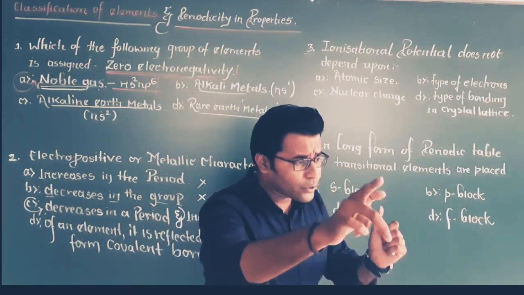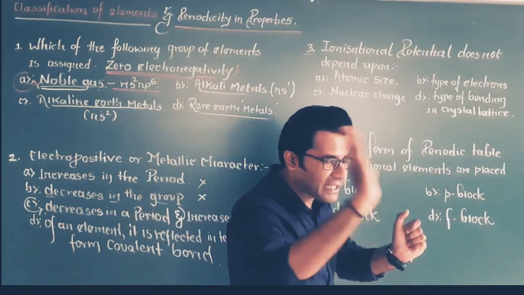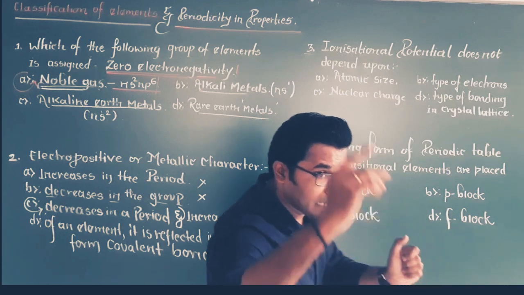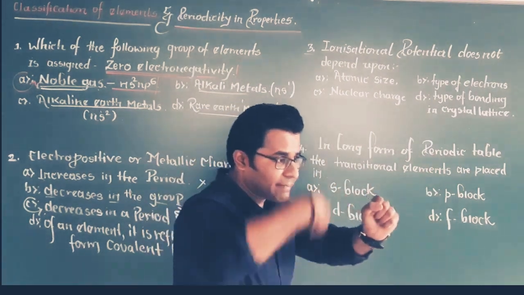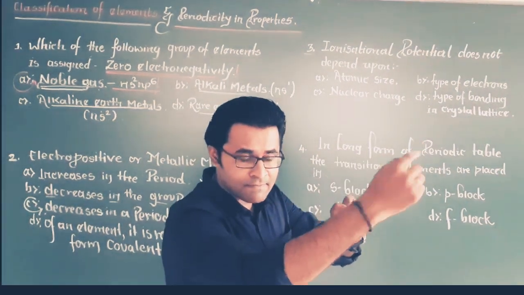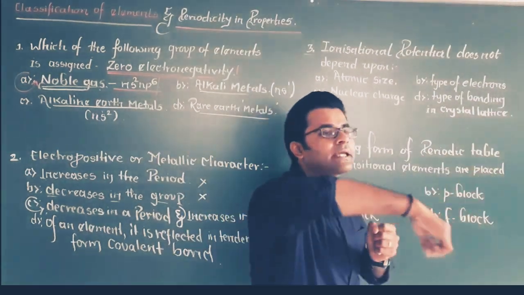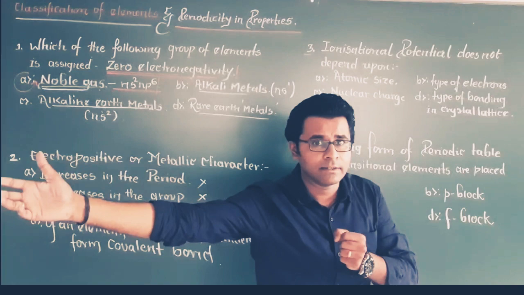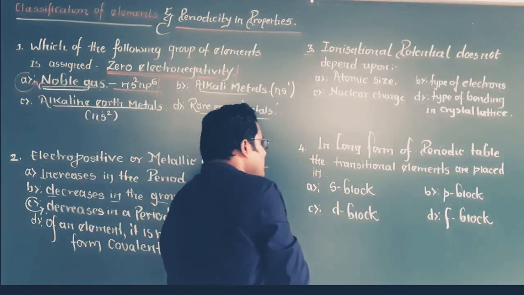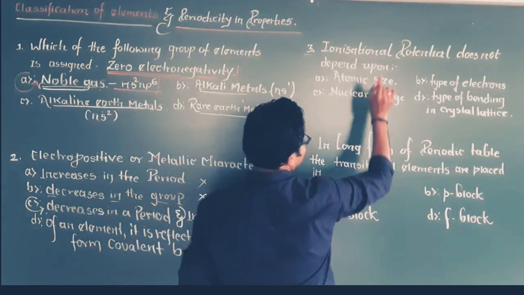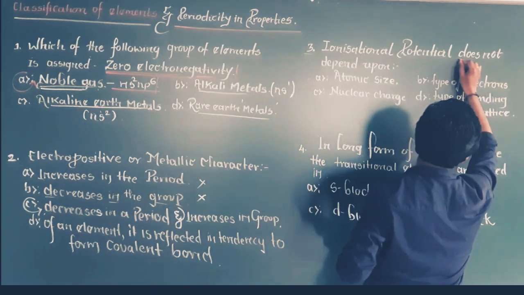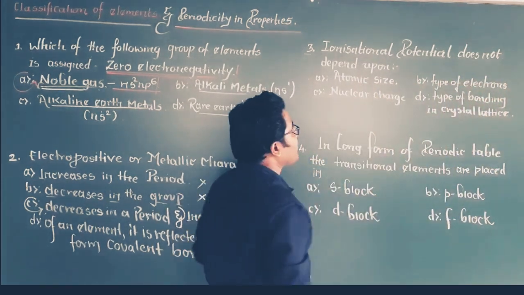So we are trying to remove the electron out. As the atomic size increases, the attractive power decreases, so the outermost electron can be removed very easily. So the first one, yes, it depends. They are asking which does not depend, but it depends upon atomic size.